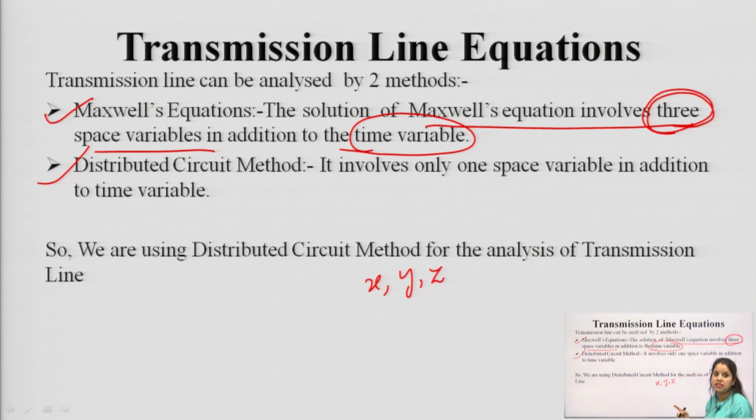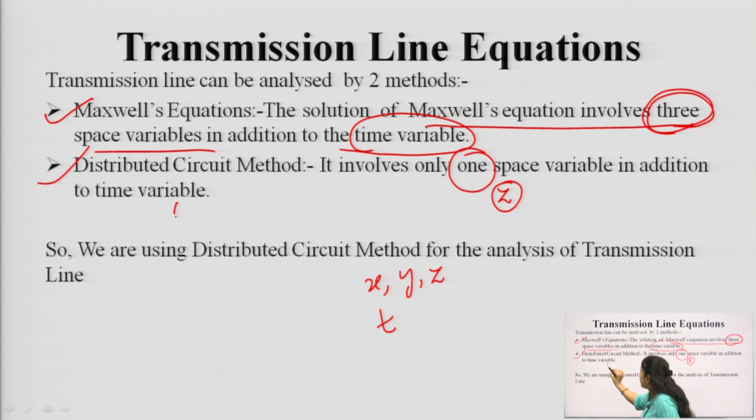So, when we analyze the transmission line equation with the help of the Maxwell equation, we have to analyze it with three space variables and one time variable. But with the distributed circuit method, there is only one space variable z and one time variable.